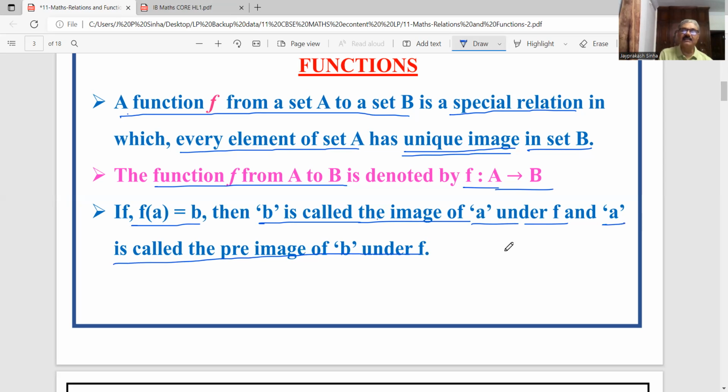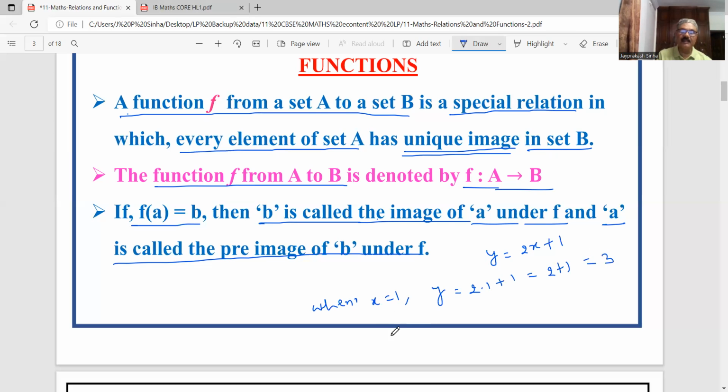Just see, there is an equation like y is equal to 2x plus 1. Correct? So when x is equal to 1, what is the value of y? So y is equal to 2 into 1 plus 1, that is 2 plus 1, that is 3.